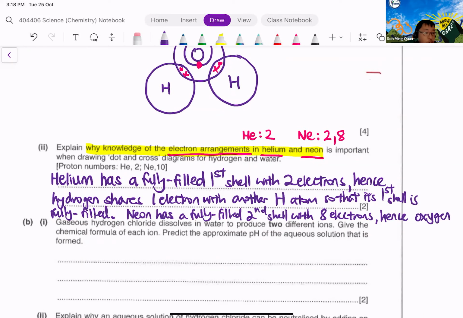You notice oxygen, it must share 2 electrons, you know. Oxygen will never share just 1 electron. That's why it's H2O, right? It's not HO. Because oxygen must share 2 electrons in order for its second shell to be fully filled.